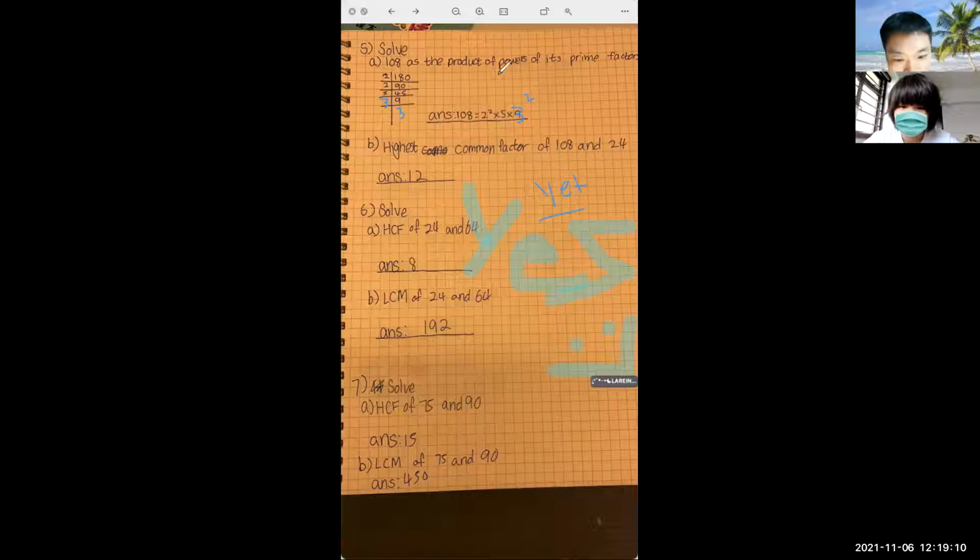Anyway, so yeah, 9 once again is not a prime number, so you need to continue the prime factorization of it. Okay, so that's why this is the one. Okay, highest common factor of 108 and 24. So 108 is here. They ask you for 108, you go and do 180.